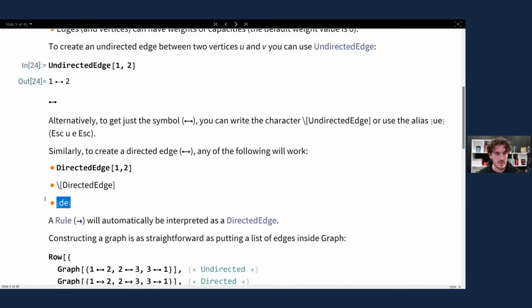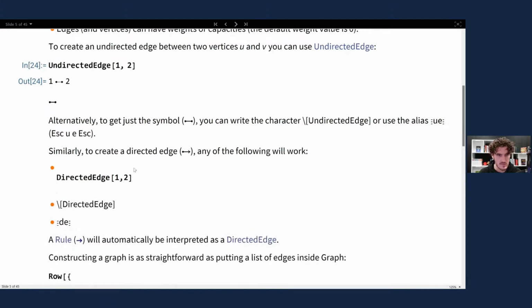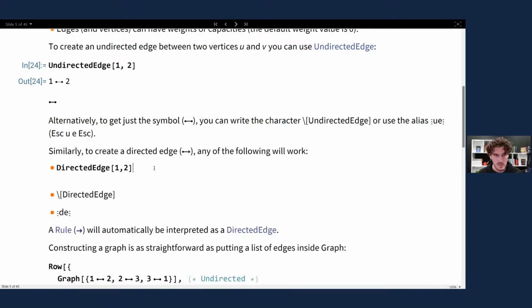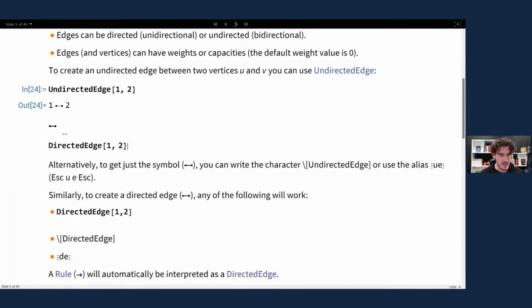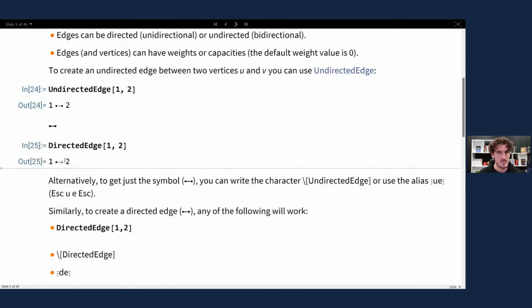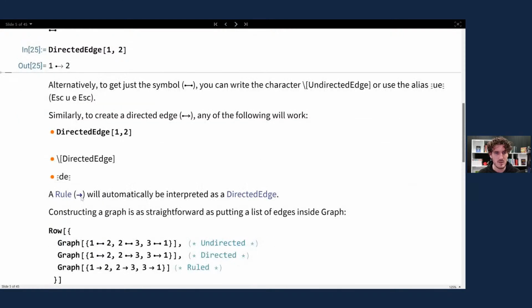Same with DirectedEdge, which displays as something similar to a rule, but rules also get interpreted as directed edges.